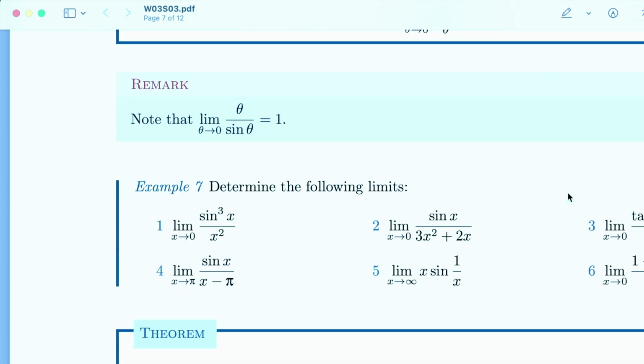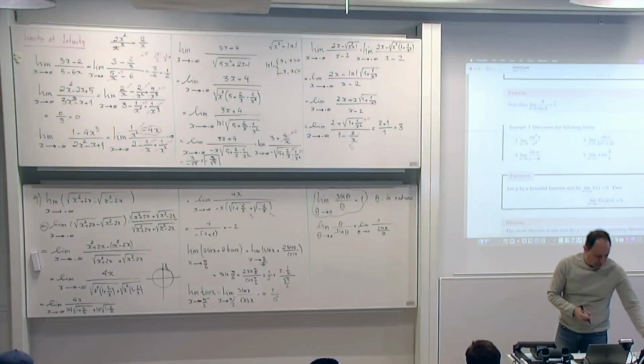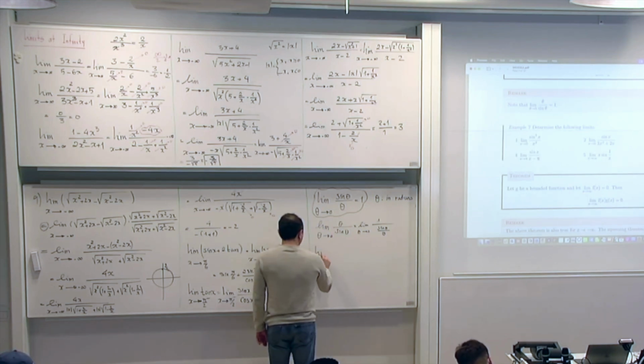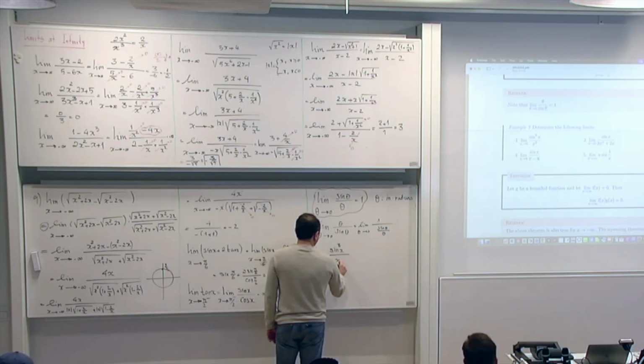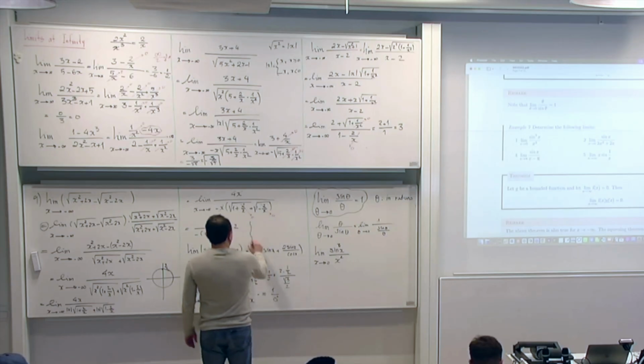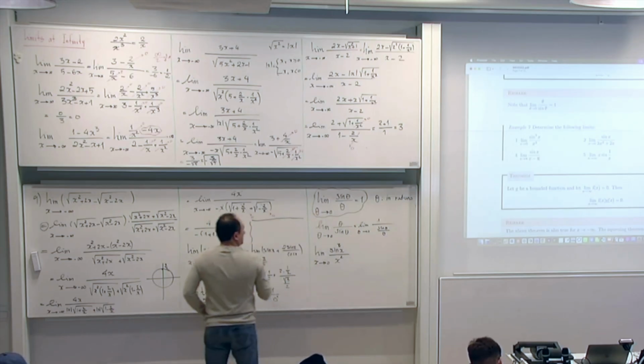Let us start with the first one. I want to calculate the limit of sine x cubed divided by x squared, x goes to 0. One thing I want to mention here, I would recommend you to remember this theorem like this.